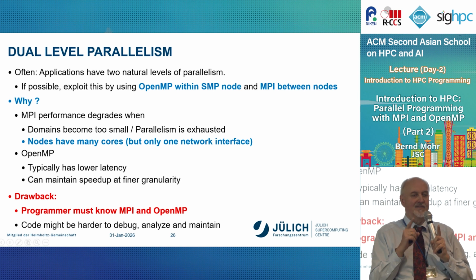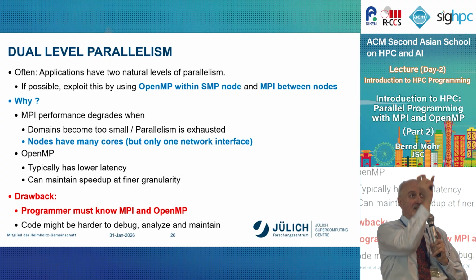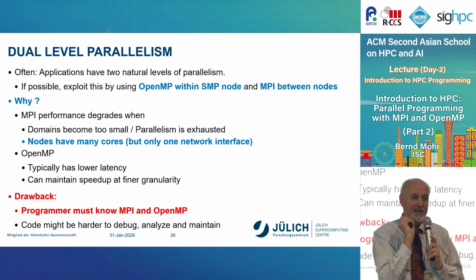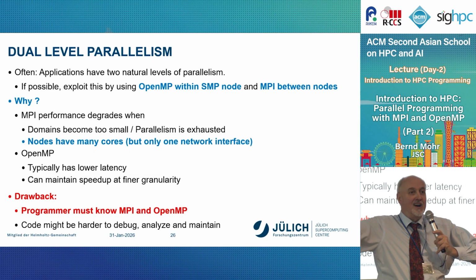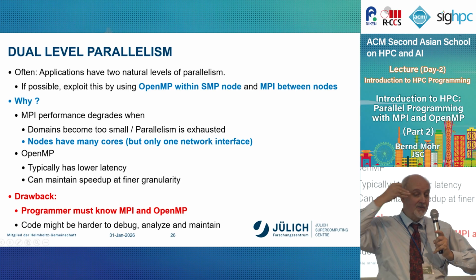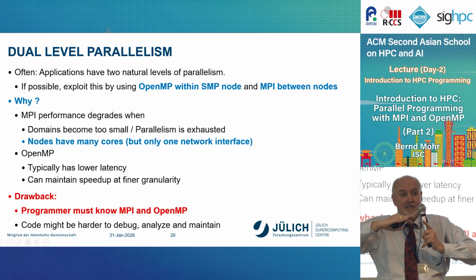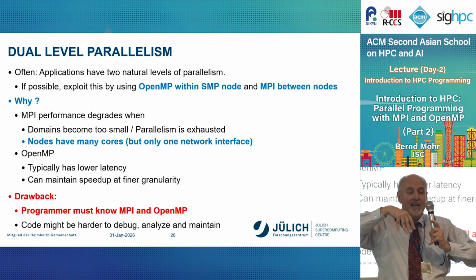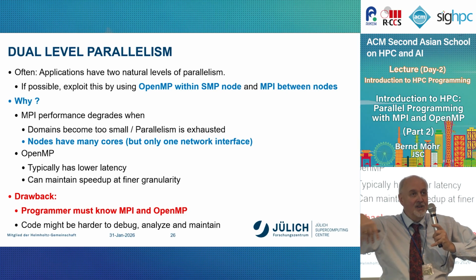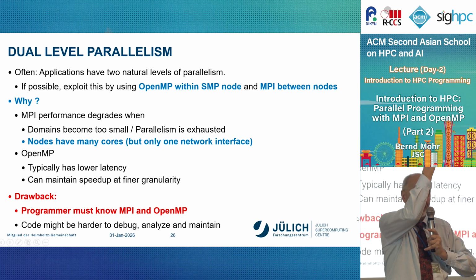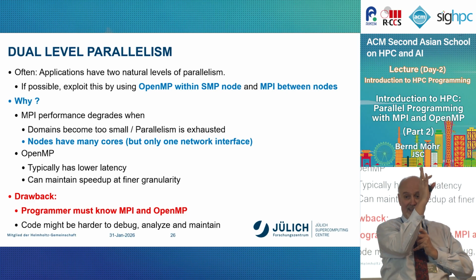The problem is there's typically just one network interface in the node. And if you have large nodes, like Fukaku has 48 cores, all the messages from all 48 cores have to go through this one network interface, and then it's a bottleneck.